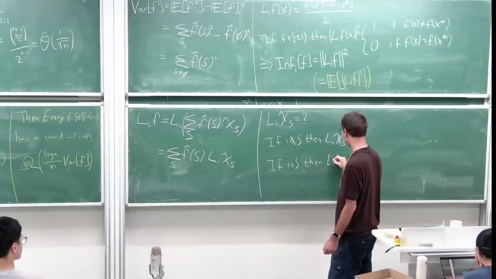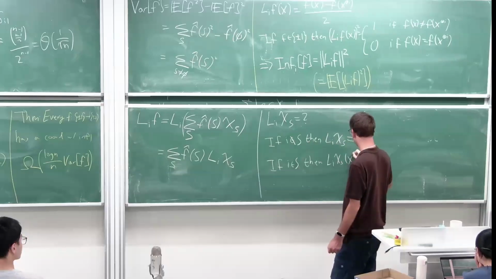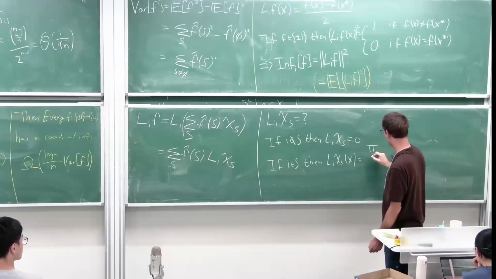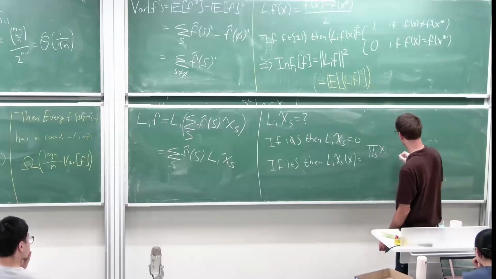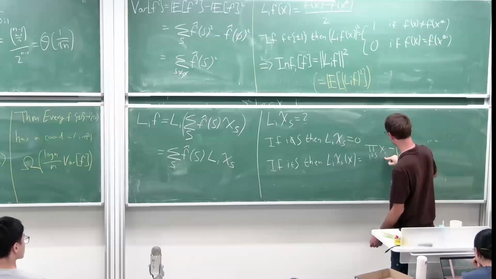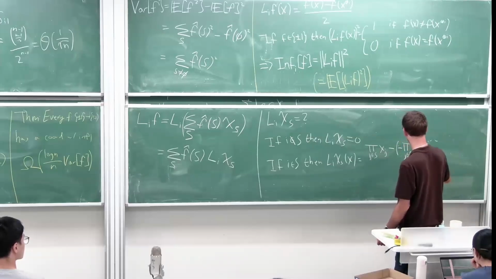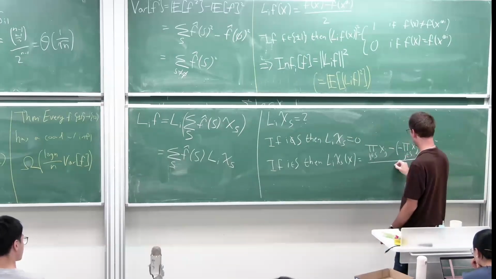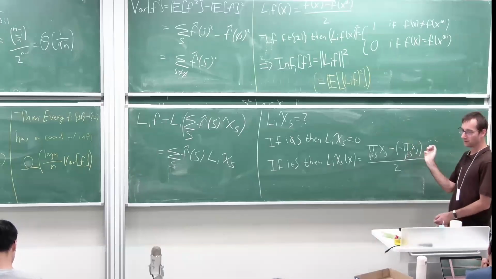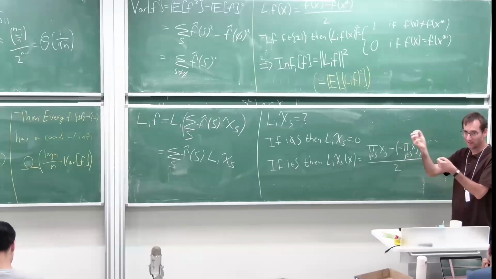Okay, what if i is in S? Then L_i chi_S of x is the product over S of x_i minus the product over S of x_i with the ith coordinate flipped, over 2. Because i is part of S, this gets negated, and so flipping the ith coordinate corresponds to negating it in the plus minus 1 world.